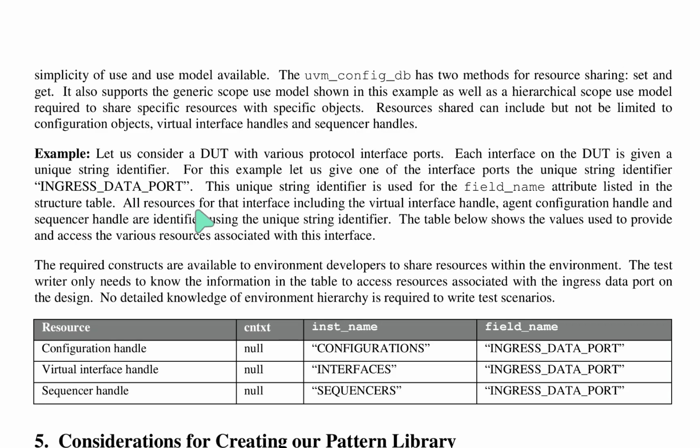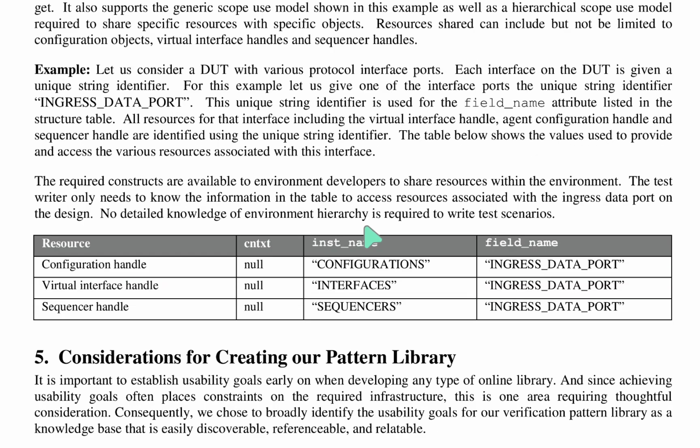All resources for that interface, including the virtual interface handle, agent configuration, and the sequencer handle, are identified using the unique string identifier. The table below shows the values used to provide and access the various resources associated with this interface.